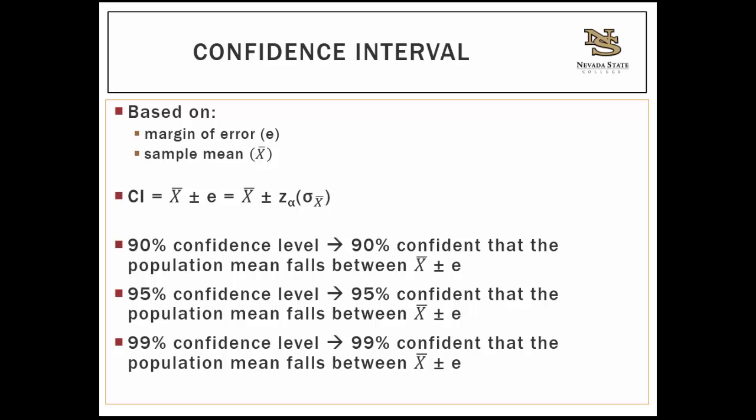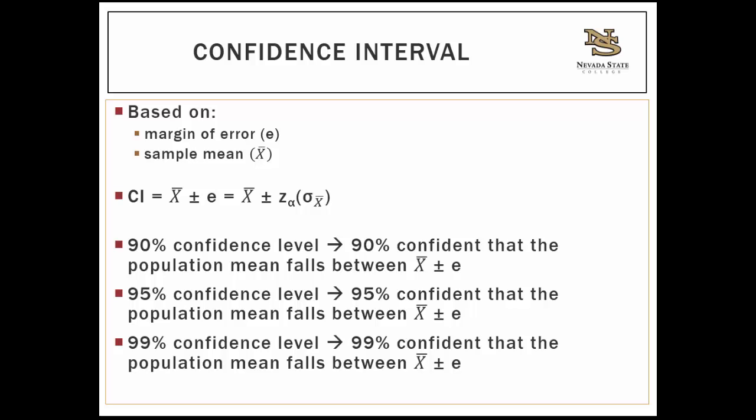To find the estimated range of the true population mean, or the confidence interval, we take the sample mean and subtract the margin of error to get the low end of the estimate, or the lower limit. Then we take the sample mean and add the margin of error to get the high end of the estimate, or the upper limit.